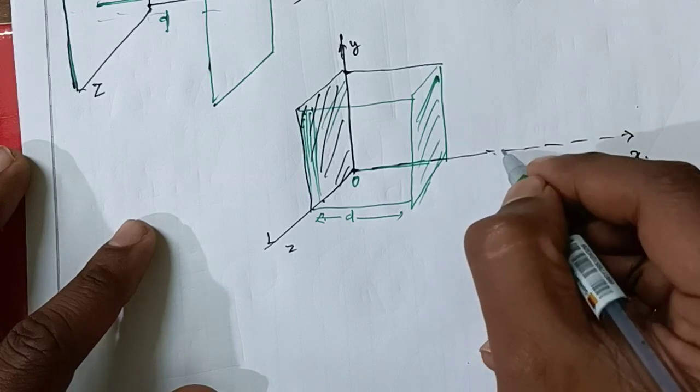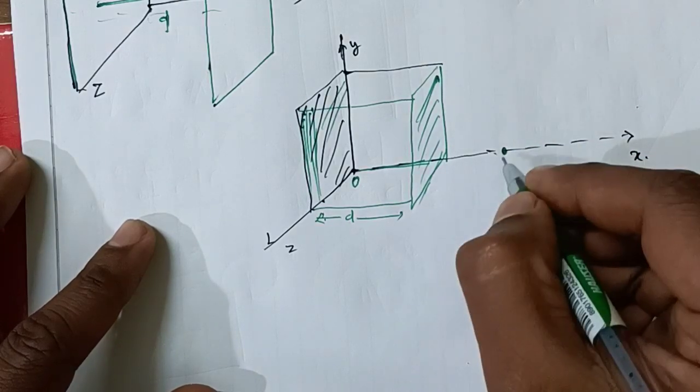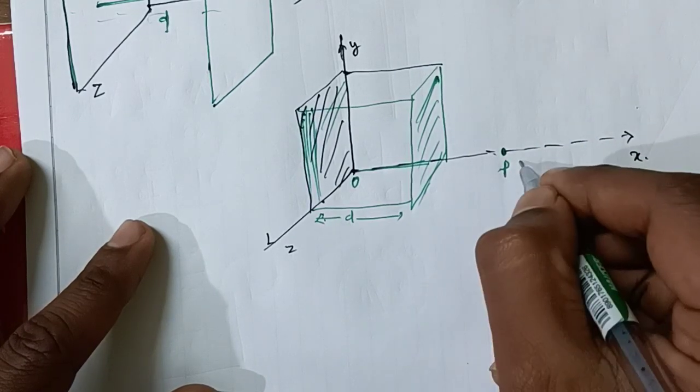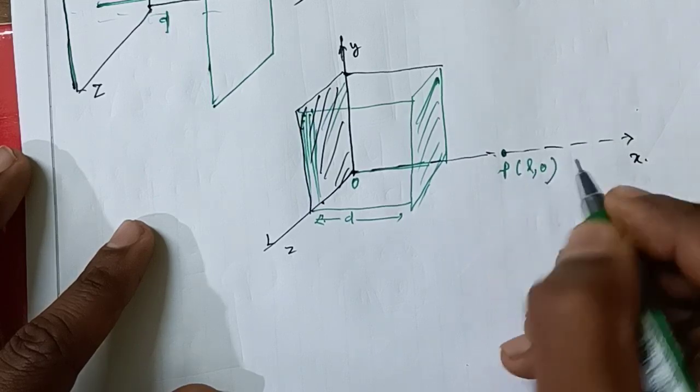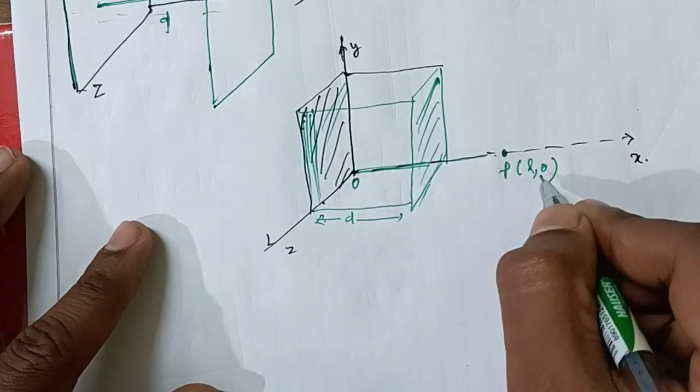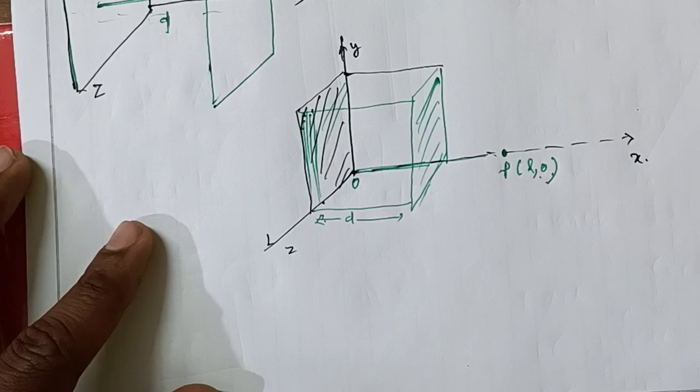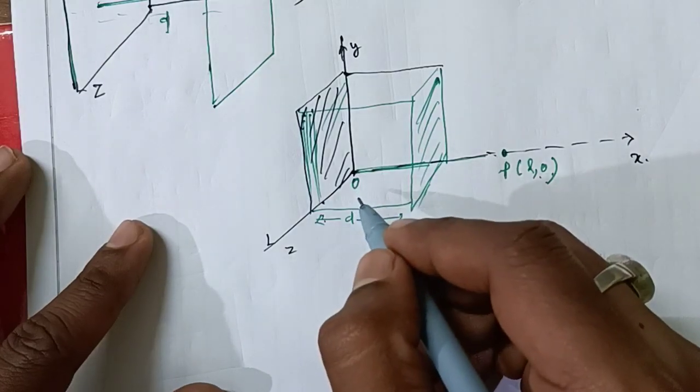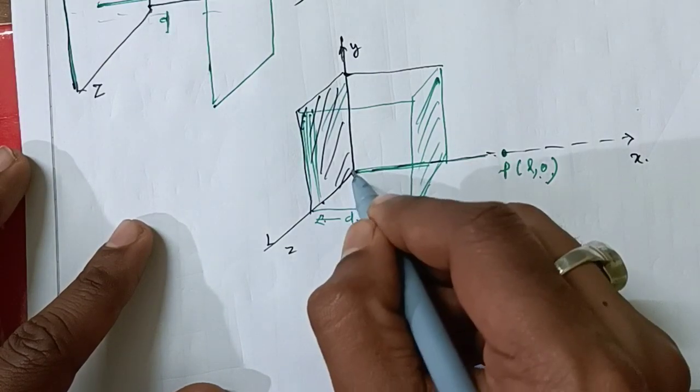Find the expression of the electric field at the point P, which is at position L, 0. This is pretty obvious.